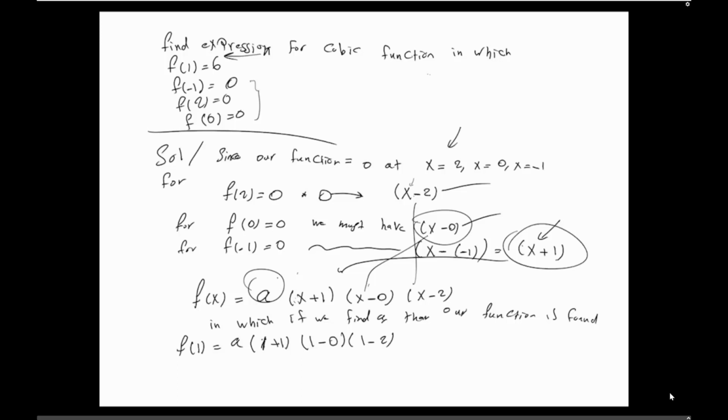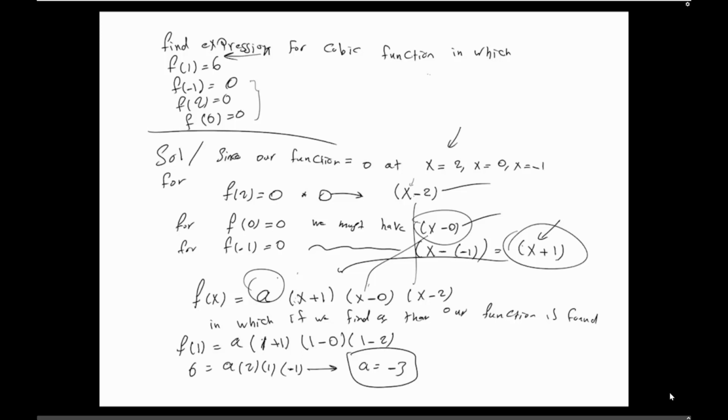And we already know that f of 1 is equivalent to 6, so let's write it. And 1 plus 1 will give us 2, and 1 minus 0 will give us 1, and over there we're going to get minus 1. So after doing the arithmetic operation over here, we're going to get a equivalent to minus 3.